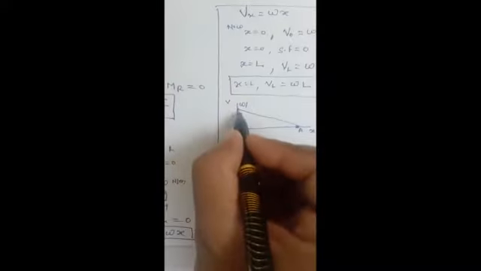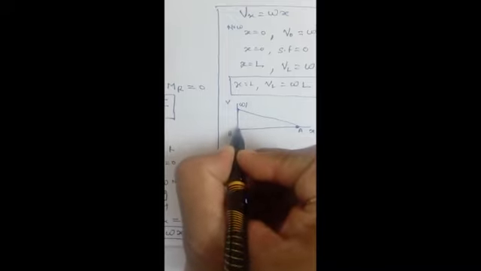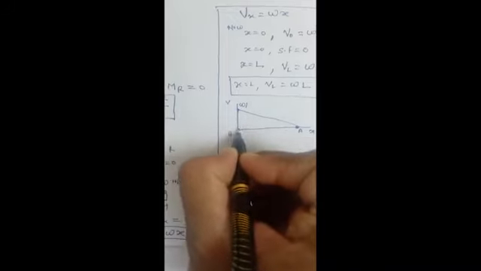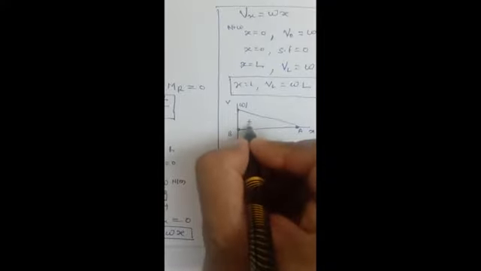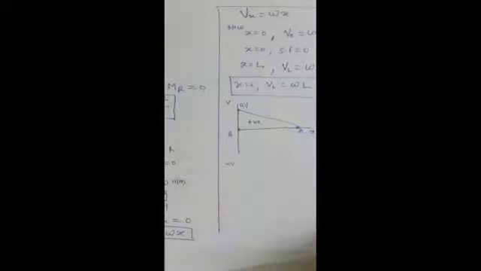So WL moves throughout the beam, and at B where the reaction RB acts upward, RB is WL. So WL minus WL is 0. So at B the value comes back to 0. This is the positive shear force diagram for this UDL problem acting on this cantilever beam.